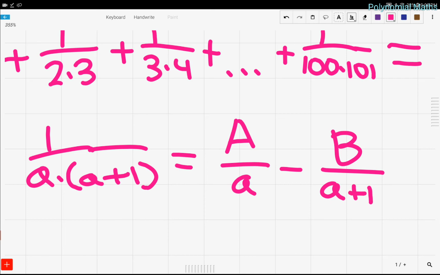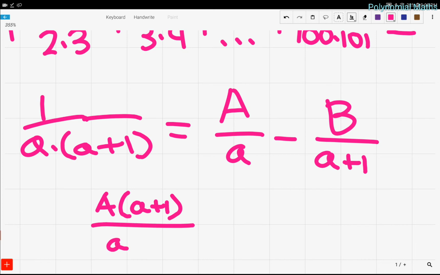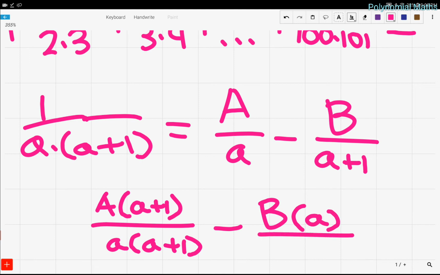And it turns out that we can actually write it in this form. If we put them under a common denominator, so A times a plus 1 over a times a plus 1 minus B times a over a times a plus 1.